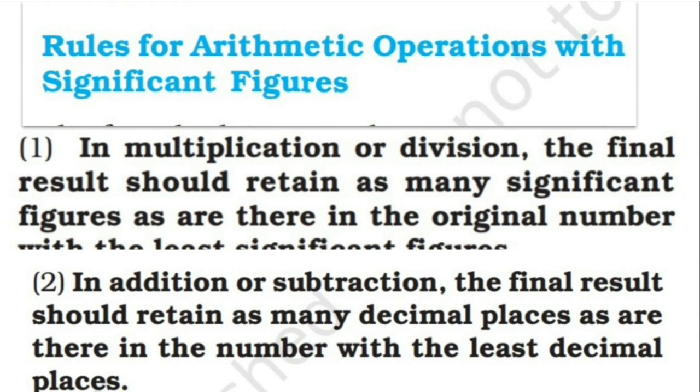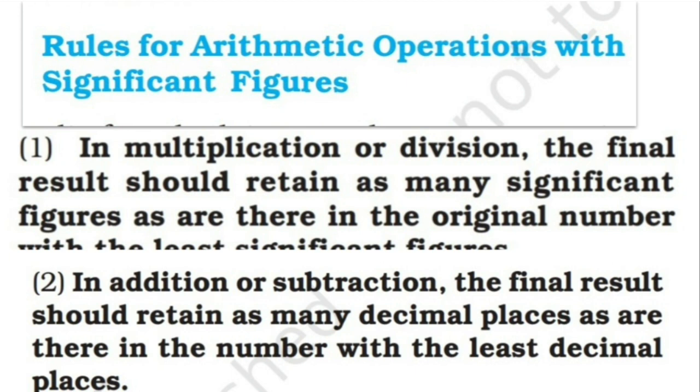Now the second rule. In addition or subtraction, the final result should retain as many decimal places as are there in the number with the least decimal places. So unlike the previous rule, with regard to multiplication and division, we were concentrating on the number of significant figures.